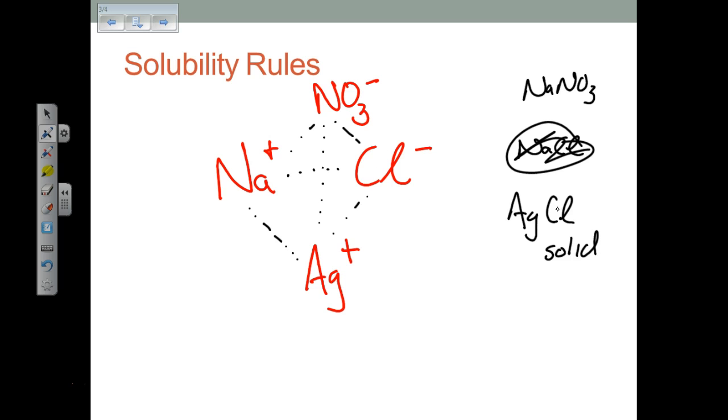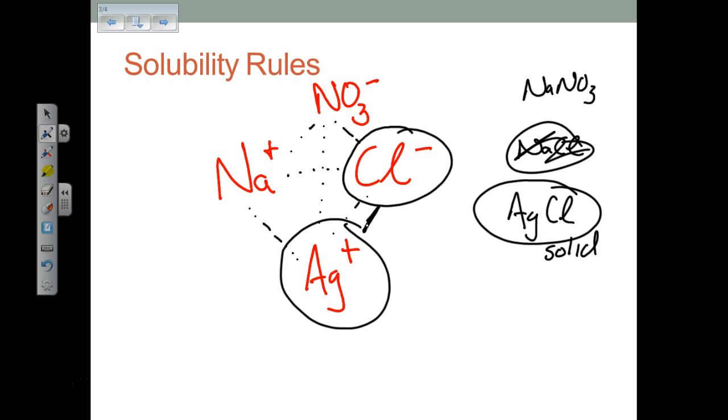So as these guys float around in solution, they come together and become a solid and sink to the bottom of the solution. And this is what we call a driving force of the reaction. This reaction is going to want to occur because this ion floating around and this ion floating around, when they get together, are going to stay together, because they would rather be together than solvated. And so silver chloride becomes a solid.